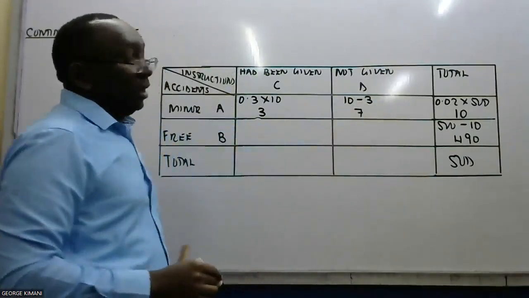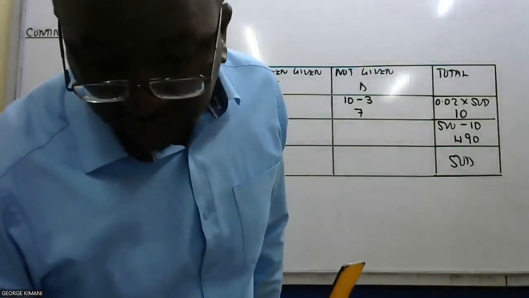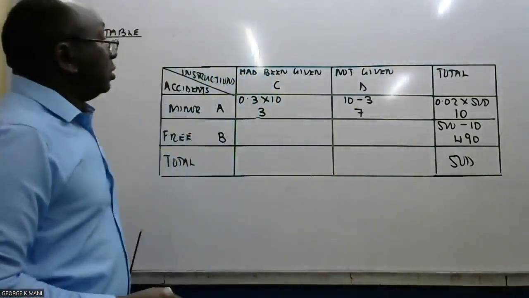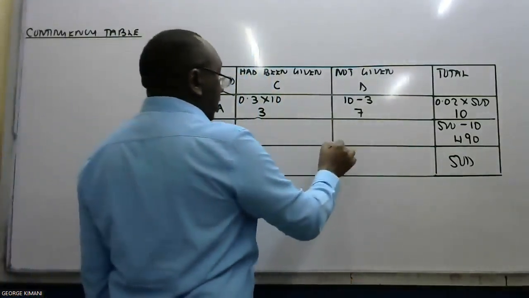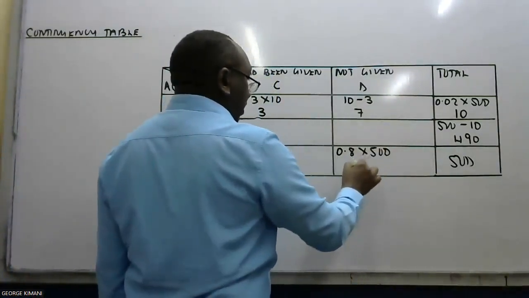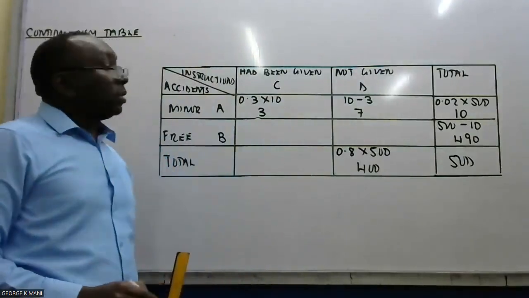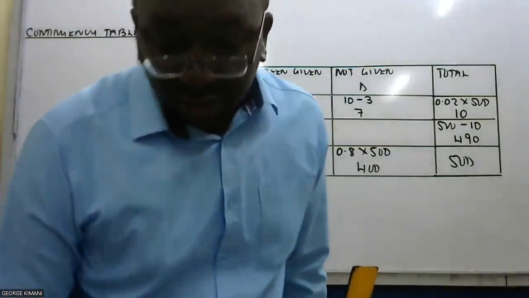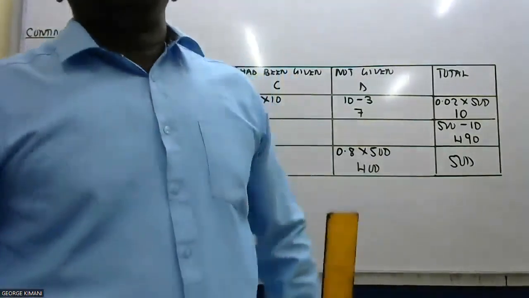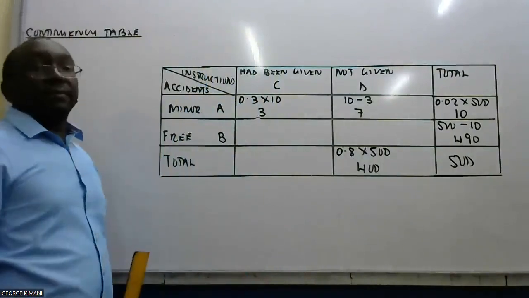The other information we are told is that 80% had no safety instructions. So 80% of 500 is 400. Those are the ones that have not been given instructions.